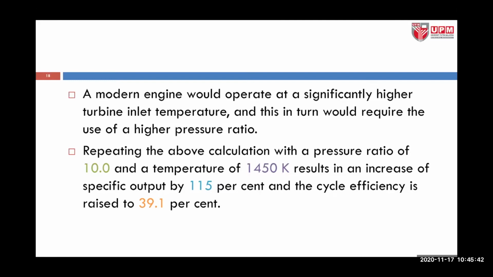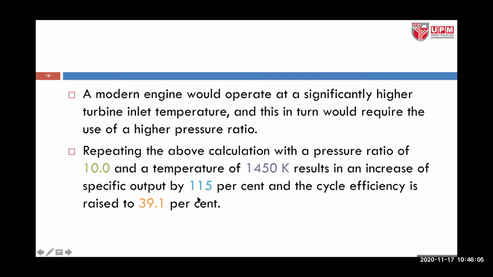In this example, we used a pressure ratio of 4 and a lower temperature. So we now have a higher turbine inlet temperature of 1450 Kelvin, and you will see that the cycle efficiency is raised to 39.1%.